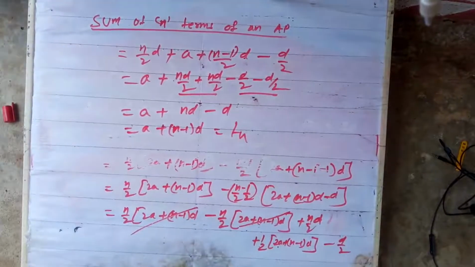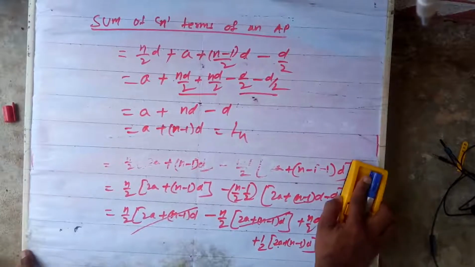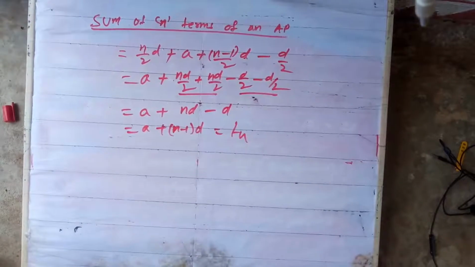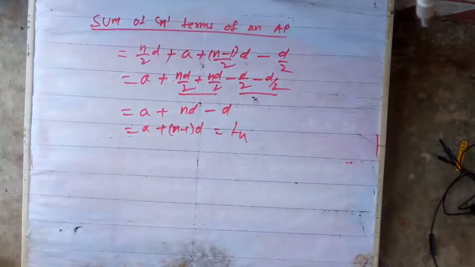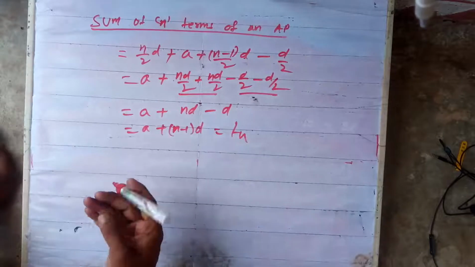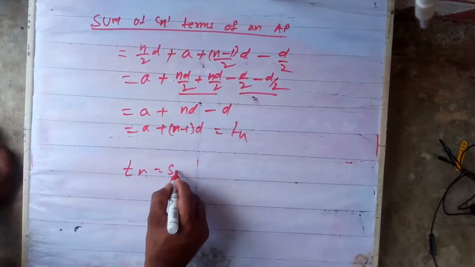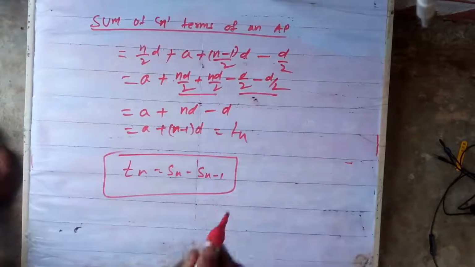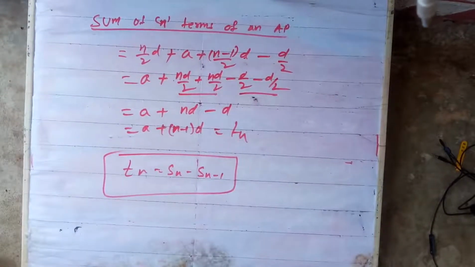Got it? Got it? This is the formula, actually this one: Tn is equal to Sn minus S(n minus 1). I explained and derived that. Okay, so this is the formula. So you go ahead.